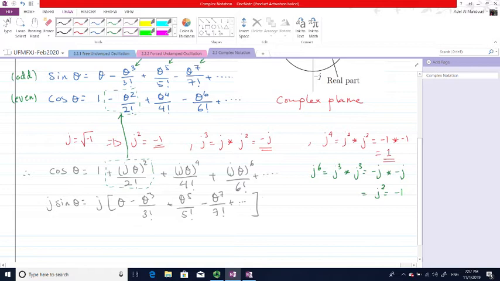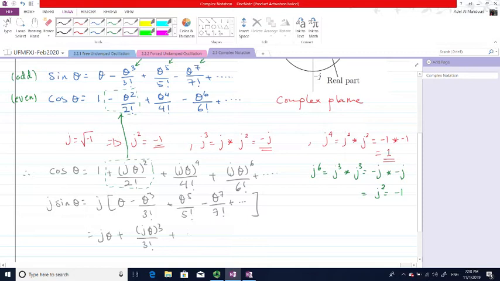So if we multiply that by j, what are you going to get? You are going to get j theta minus, or let's make it, j theta to the power 3 divided by 3 factorial. j to the power 3 is minus j, and minus j multiplied by this term gives positive.